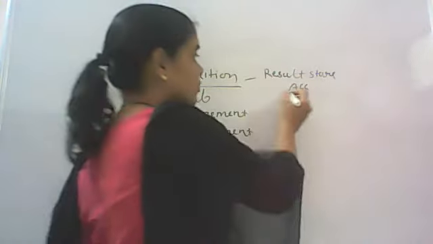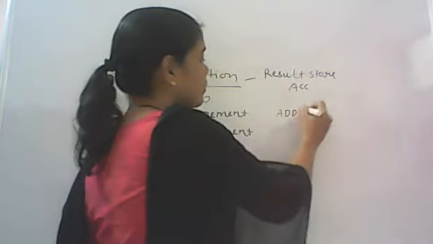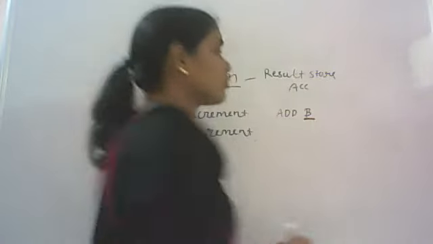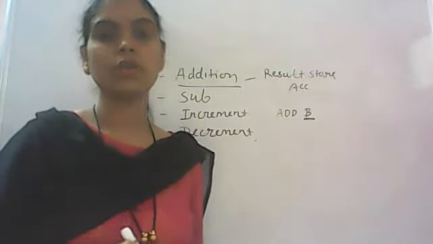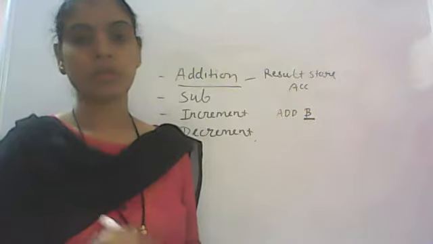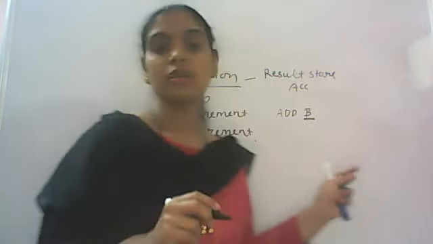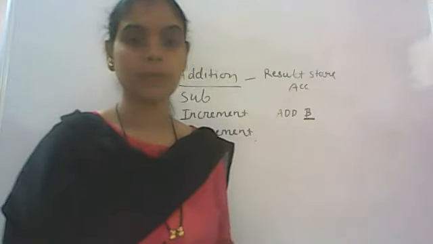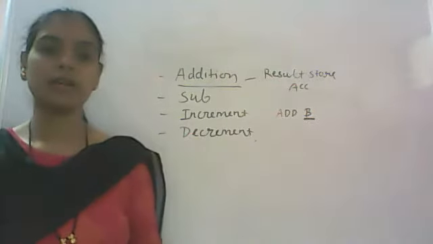For example, if we use ADD B, register B is added to the content of the accumulator. Here, the content of register B cannot be added directly to the content of another register.